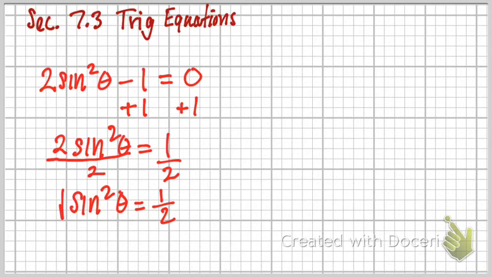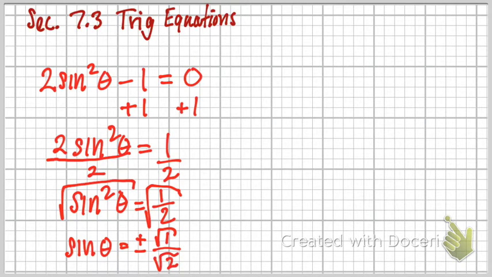Now I square root both sides because I want to get to the sine. So keep in mind, when I square root, I end up with plus or minus. So on the left, I get sine of theta, and on the right, I get plus or minus the square root of 1 over the square root of 2, because we know radicals can split across multiplication and division. And this simplifies to sine of theta equaling plus or minus 1 over square root of 2.